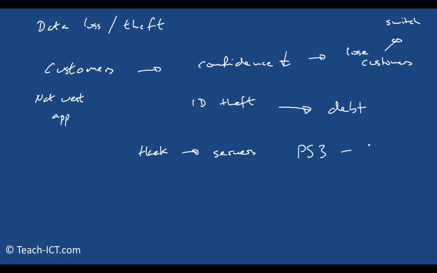As I understand it, personal details and credit card details were all stolen from there. I don't know what happened, if it happened to you, did you not use PlayStation 3 anymore?